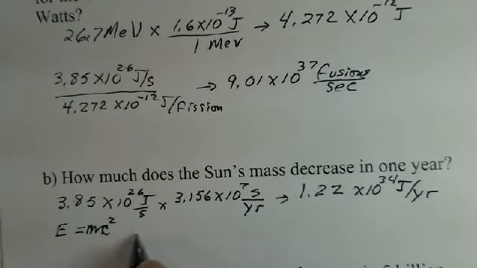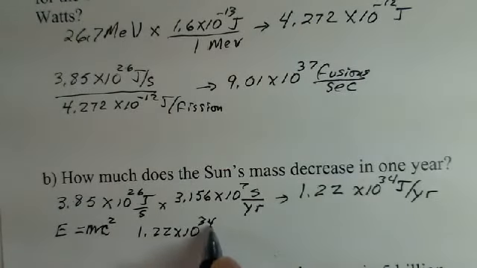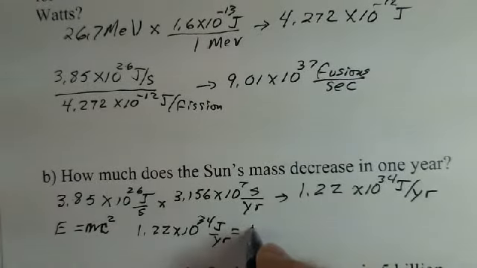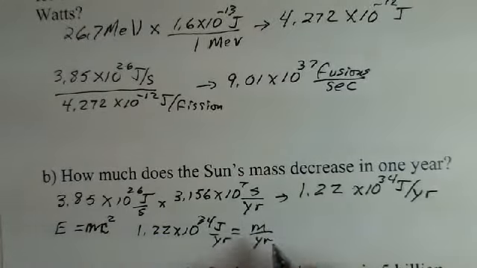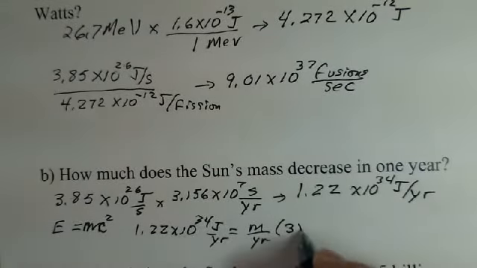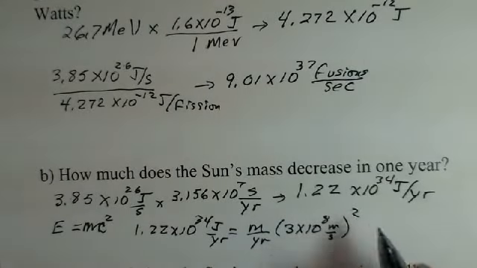We've got 1.22 times 10 to the 34 joules per year. We're solving for the mass, the number of kilograms per year, and we have 3 times 10 to the 8th for the speed of light in meters per second that has to be squared.